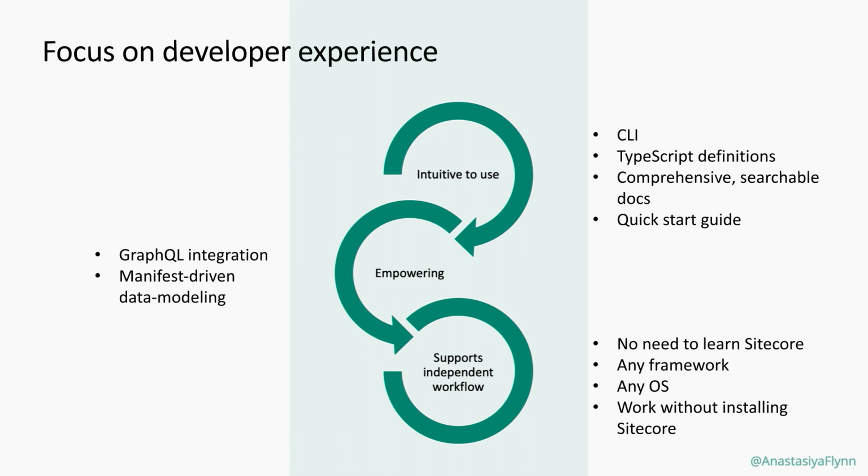We empowered front-end devs with a GraphQL integration so they can be in control of the AJAX calls to the back end. We made manifest-driven data modeling so they can be in charge of the information architecture. They don't need to learn how things work on the back end or wait for the .NET devs to define stuff. They can work with any framework, any operating system, any code editor.